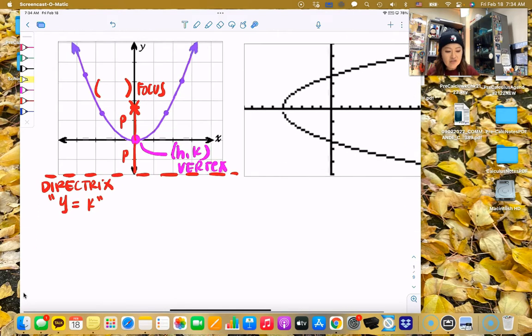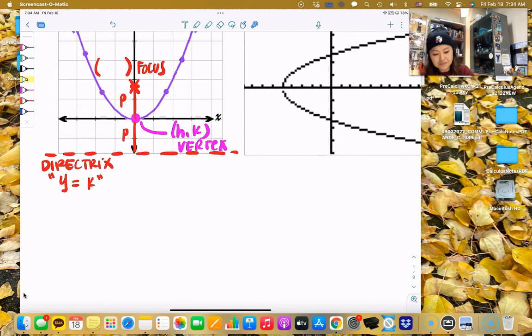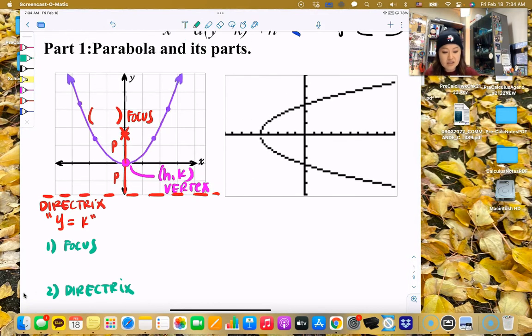All right, so let's finish talking about the focus and directrix here. We have a focus, and we've already labeled that, okay? And we also have the fixed line, which is called the directrix, okay? Now, because this is an x squared parabola, I call this guy the x squared parabola, okay?